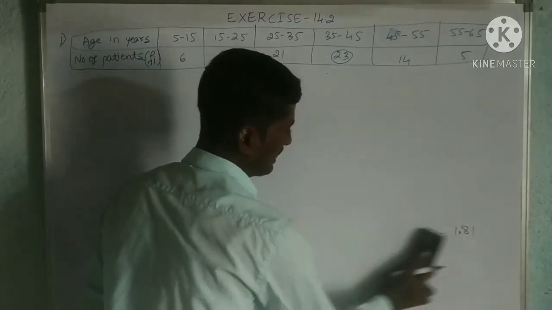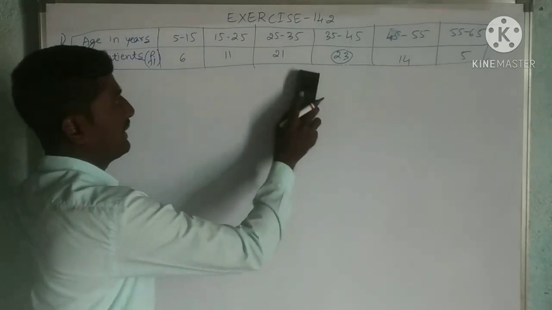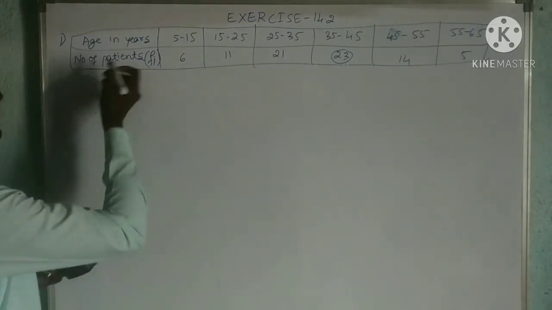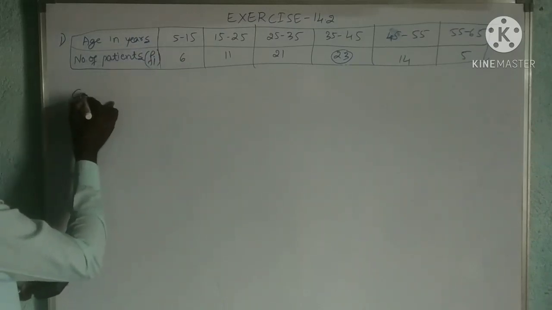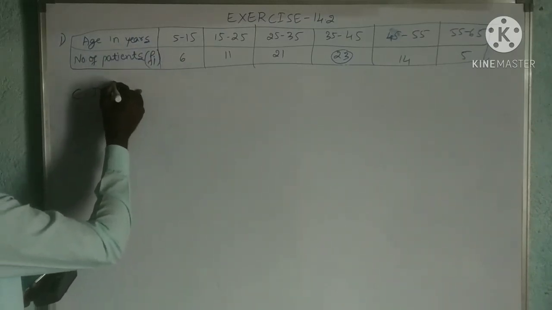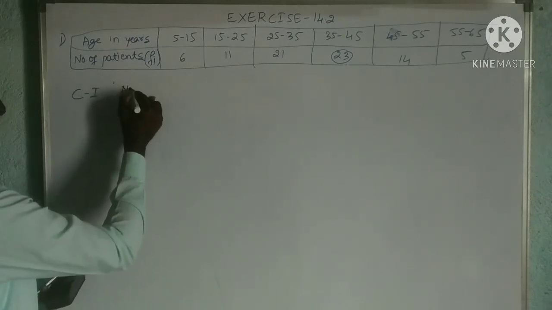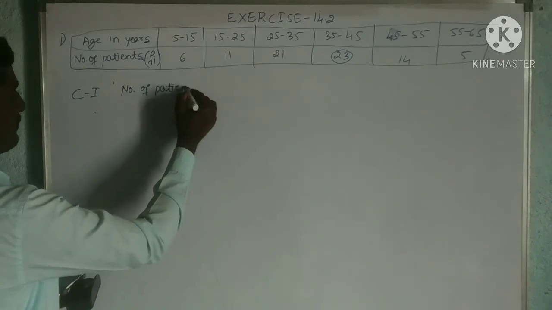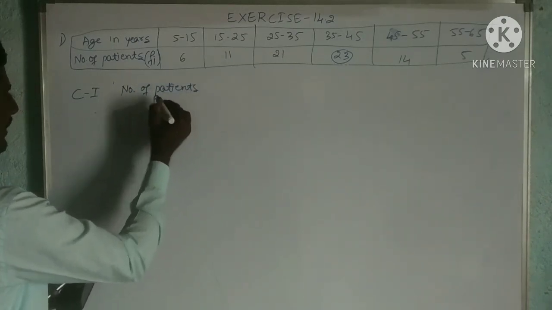Now let us use the direct method to find the mean. We'll take this as CI, class interval, and the number of patients as frequency, Fi.